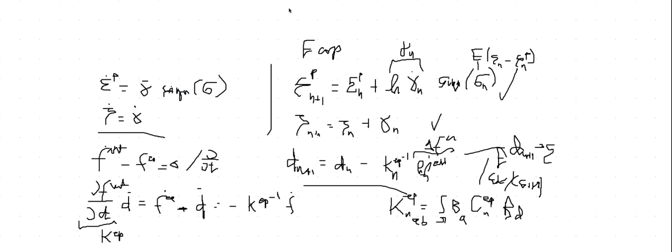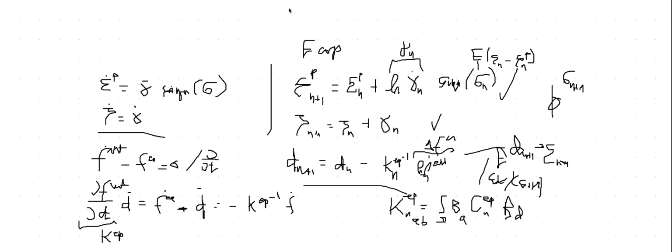Now, when you compute all this, you can compute your sigma n plus 1 following the same recipe as epsilon n plus 1 minus epsilon n plus 1 plastic, multiplied by Young's modulus. Then you can compute phi n plus 1.